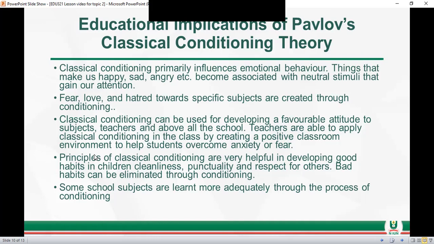For instance, reading, writing, spelling, and mathematics, such as multiplication tables, are learned more effectively through the process of conditioning.